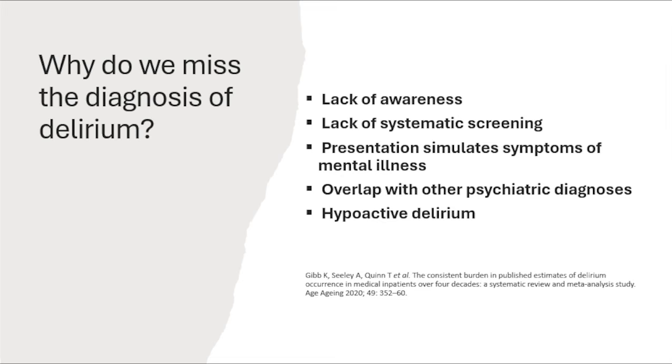They might be very paranoid, hallucinating, agitated, with disturbed behavior, very difficult to contain on the ward. So they present as symptoms of mental illness. They overlap with other psychiatric diagnoses. Because of the acute memory problem, people think this is dementia or something, or depression.